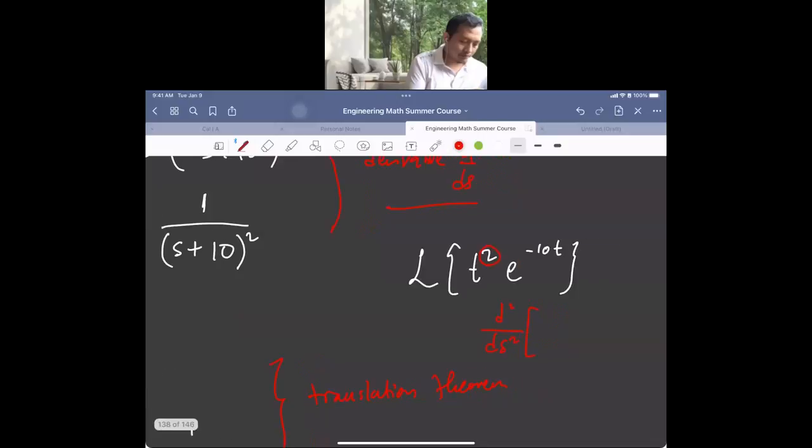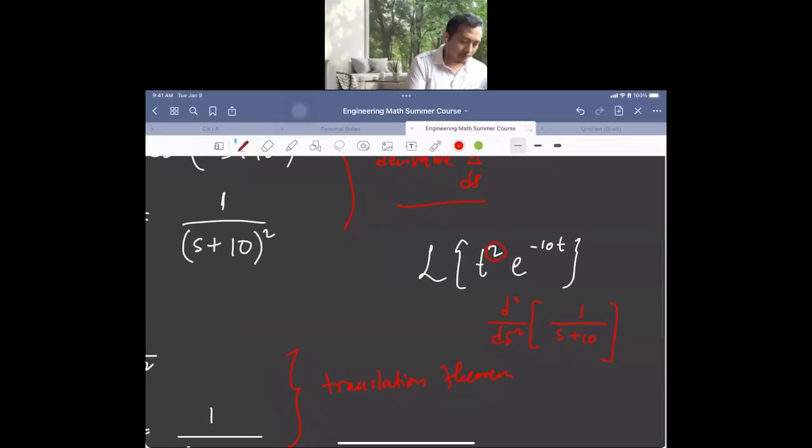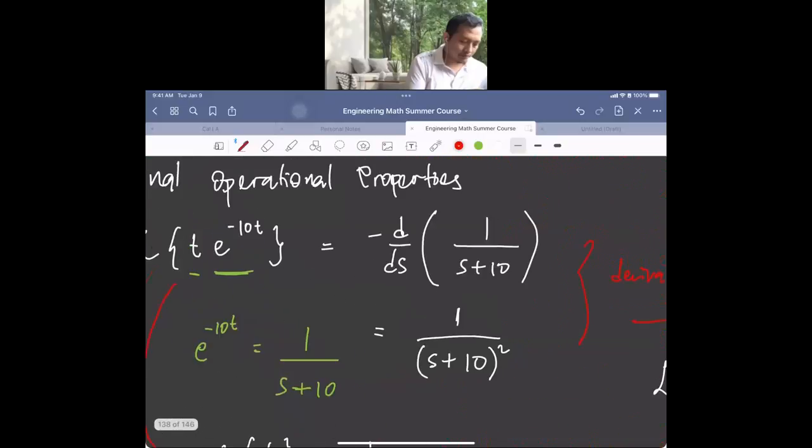So twice derivative, and don't forget, whenever you have just one, you have a negative. Any odd nth order derivative will have the negative in front. If you have even, like second derivative or fourth derivative, it's positive.